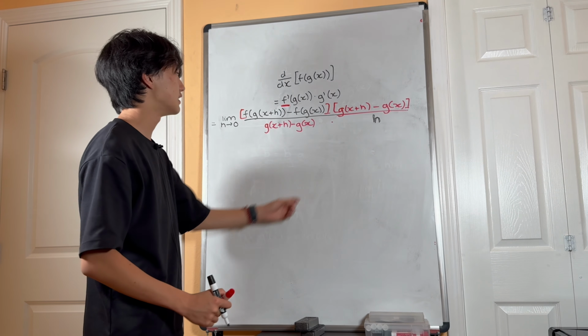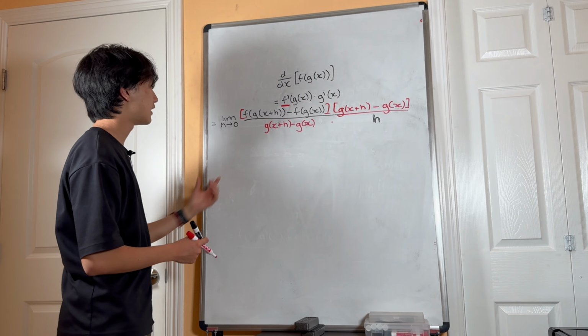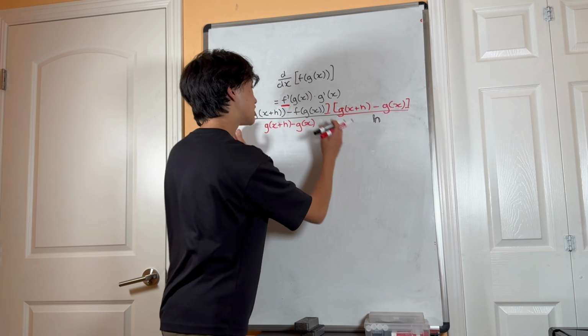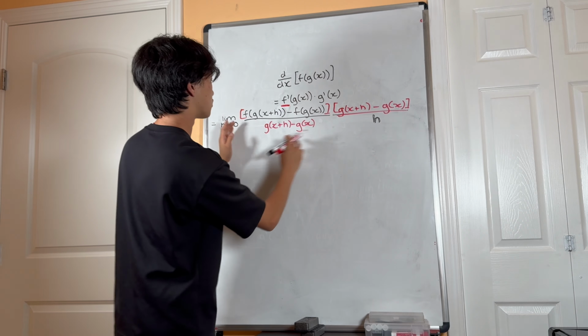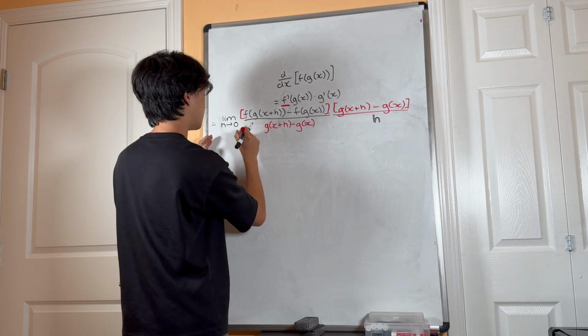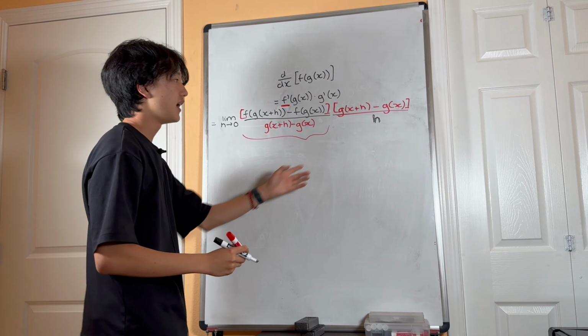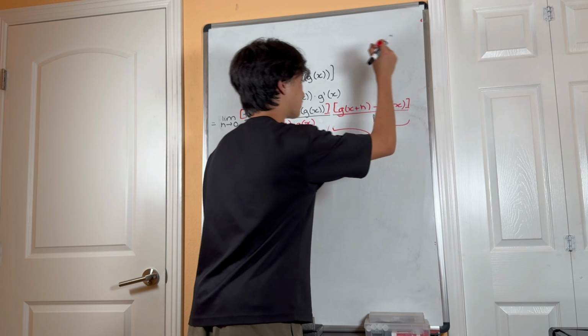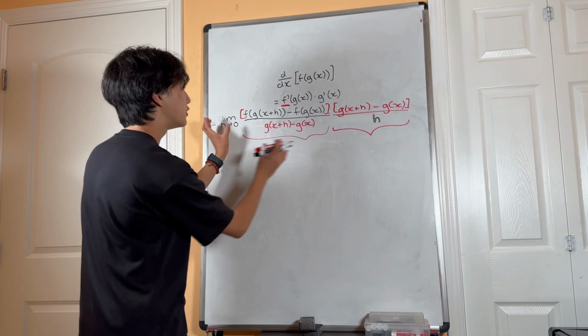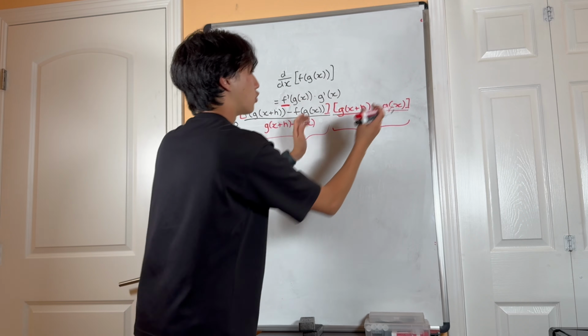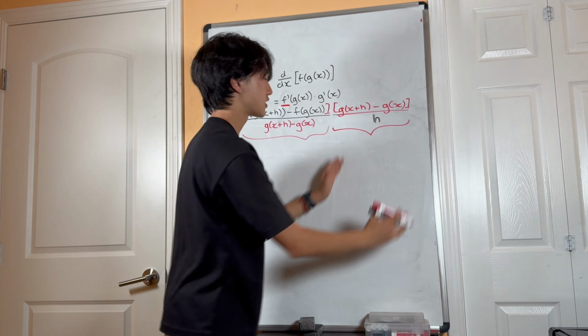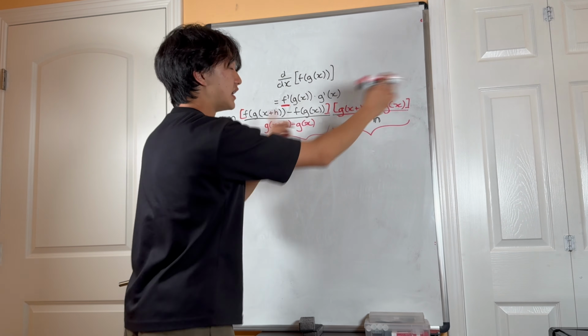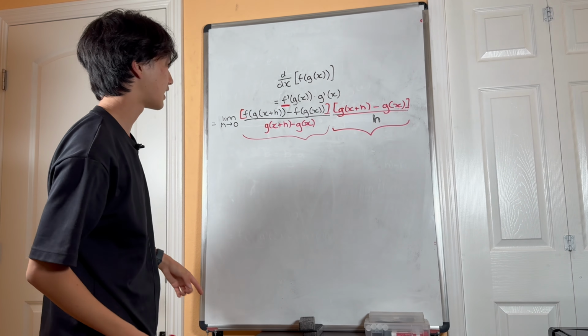Now all that's left is, remember that the limit of a product, you can just take each factor, right? There's one factor here, which is this bulky one, and then you have this other smaller factor here. You can take the limit of each of them first. So we can take the limit of this one first and the limit of this one, individually, and then just piece it together at the end.